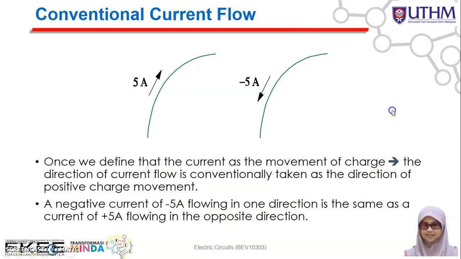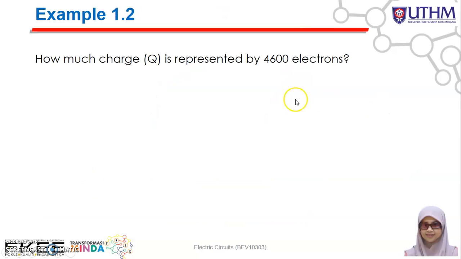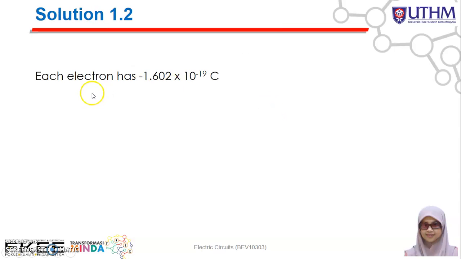Alright, for example, let's say you want to calculate how much charge is represented by 4600 electrons. How to calculate it? You know that one electron has a charge of negative 1.602 multiplied by 10 to the power of negative 19 coulomb. So this is the magnitude of one electron.